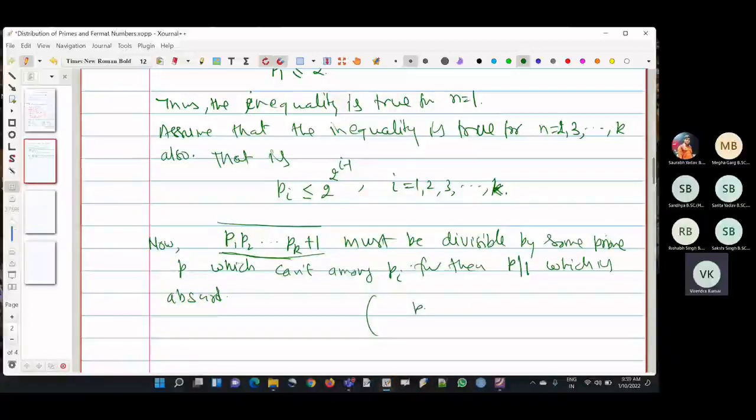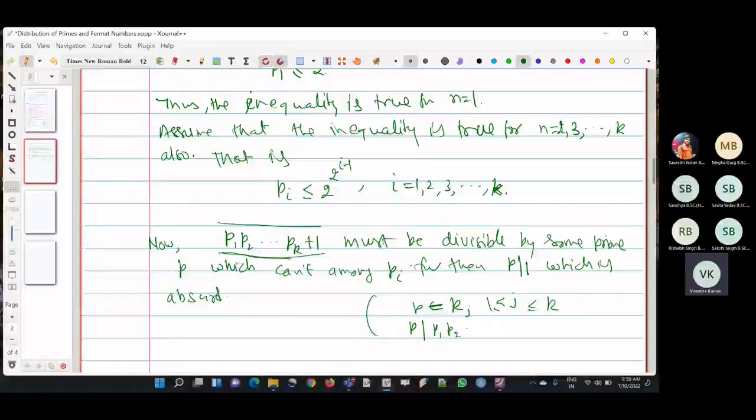Because suppose p is equal to some pj, where j is between 1 and k.